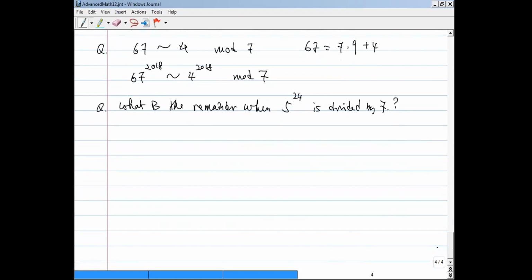How do I do that? 5 to the 24 is a large number, right? So we trim the larger number. Think about 5 to the 24.